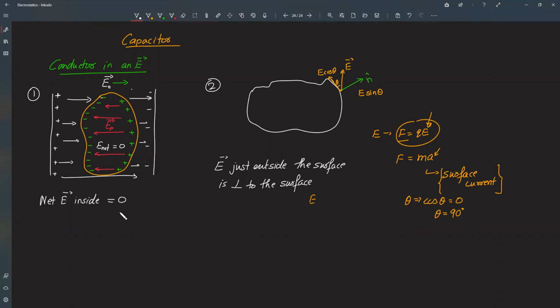Now the third behavior, net charge in the interior of the conductor is 0, right? So if there is a conductor like this, the charges may separate.